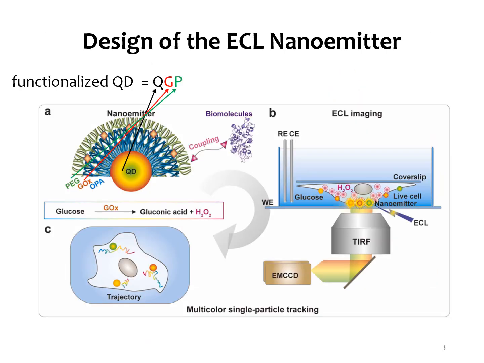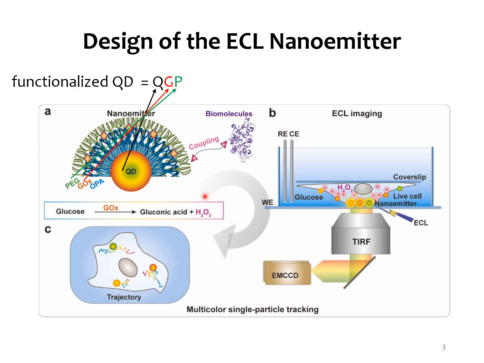To enhance the ECL signal of quantum dots, co-reactants can be used to provide electrons and holes. Among them, hydrogen peroxide, an important reactive oxygen species inside cells, serves as a key reactant to boost quantum dot ECL signals.